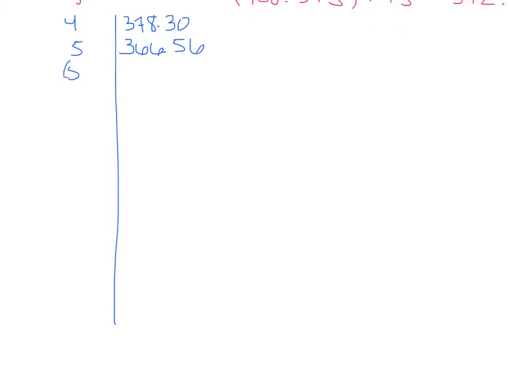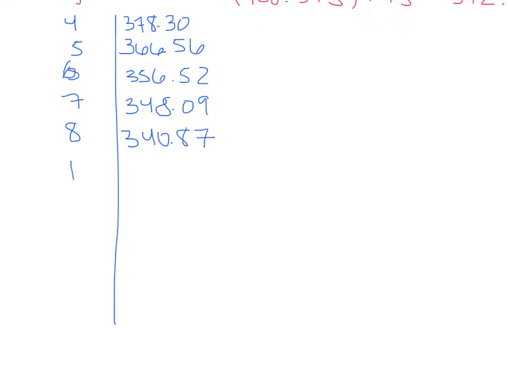The 6th week, we are at 356.52. 7th week, 348.09. 8th week, we're at 340.87. 9th week, we're at 334.743. And this is not something we're going to have to do every time, but this is just setting up so we understand exactly what this relationship looks like.